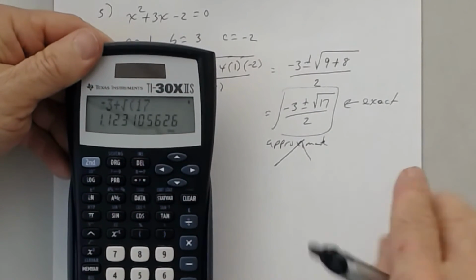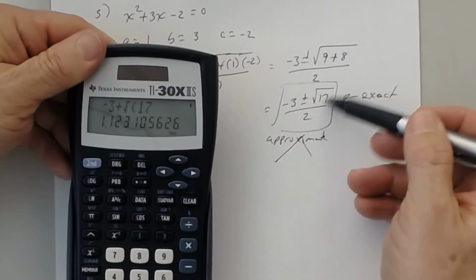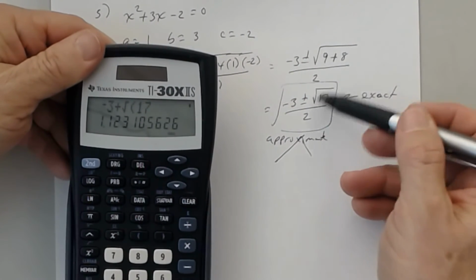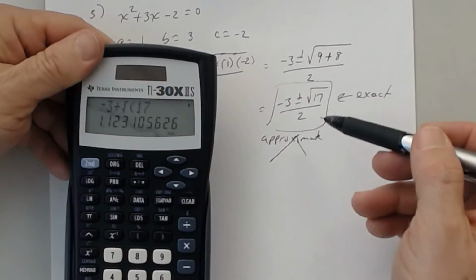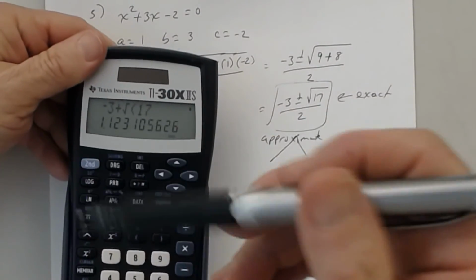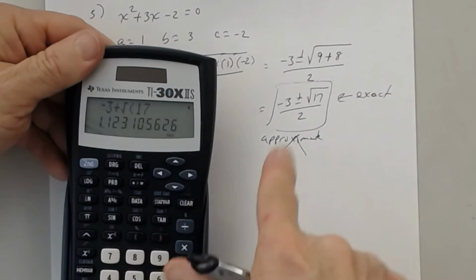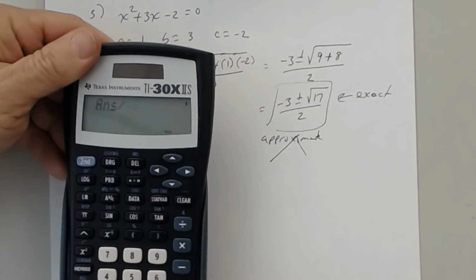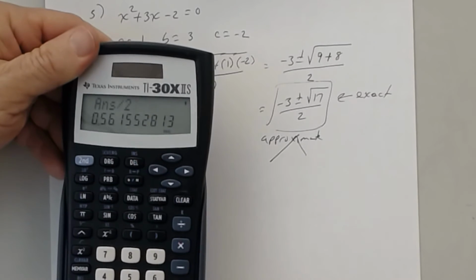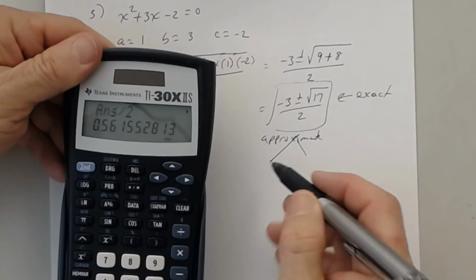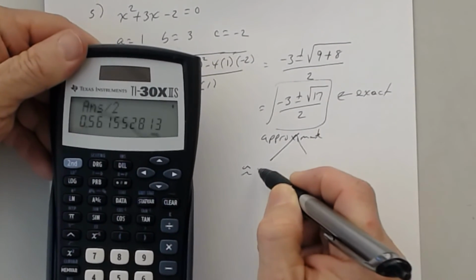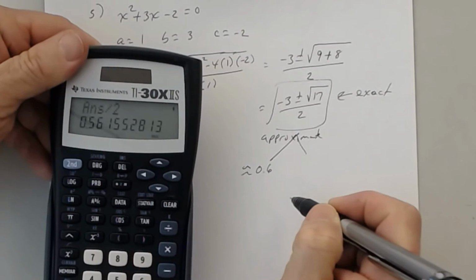If you divide, you're only dividing 2 into the square root of 17 instead of the whole thing. So that's why you need to do the numerator first so you don't mess up. Now divide by what? 2. Press equal, and one of my solutions is approximately equal to 0.6, nearest tenth.